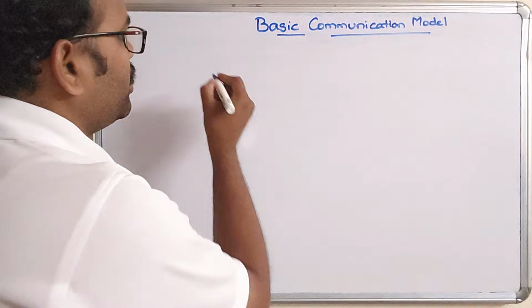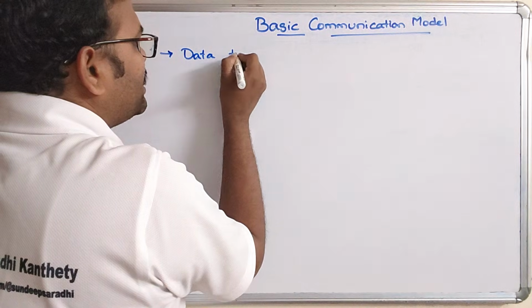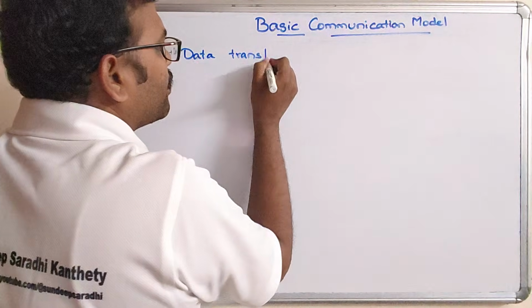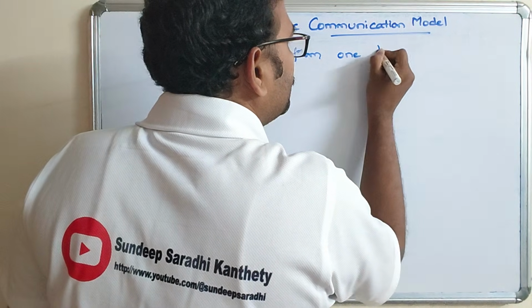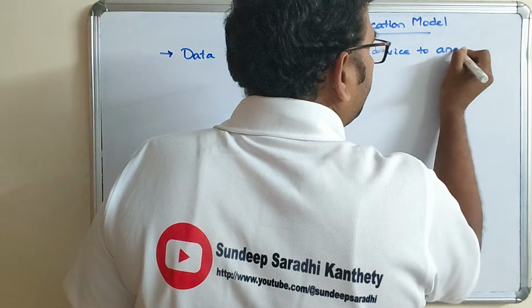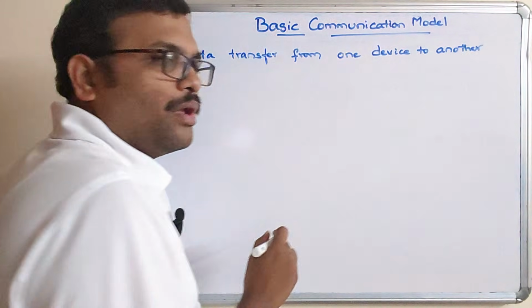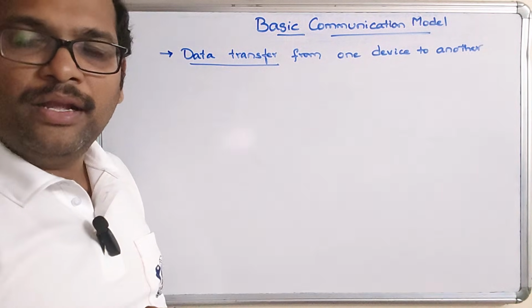Okay, so the basic communication model means data transfer from one device to another device. So this is most important, data transfer, right?